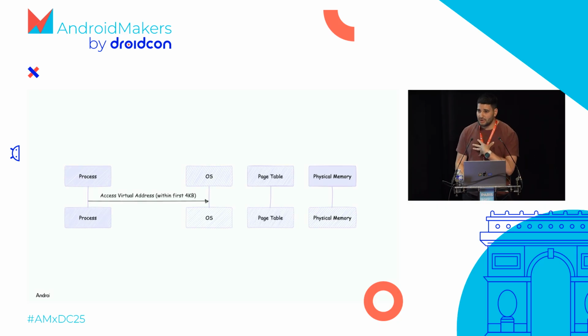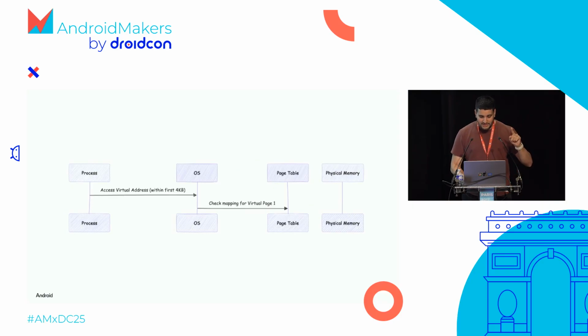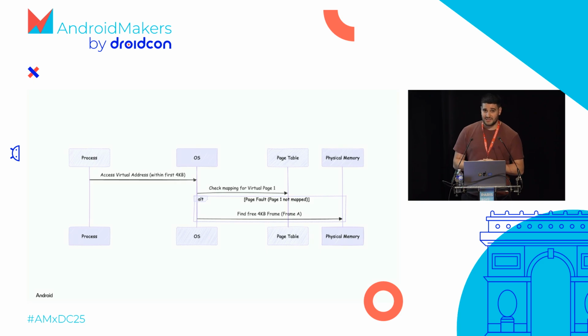So you as a process, as an app, whenever you're trying to read those 10 kilobytes of memory, you ask the OS, and the OS will try to check in that big hash table if the data exists. In this use case, I'm going to make it the worst case, just for you to understand the optimization that this change will bring to the whole ecosystem.